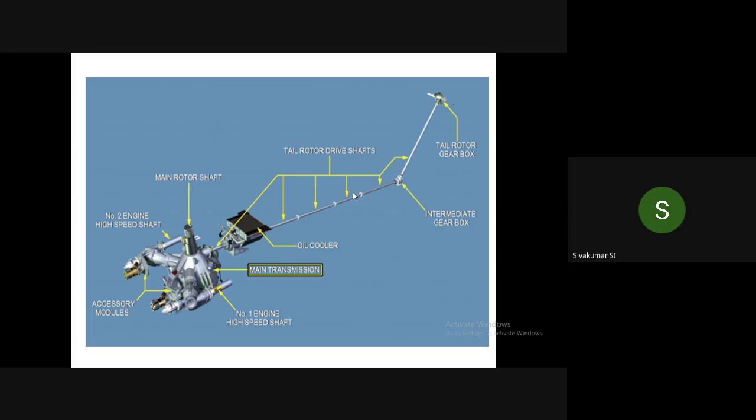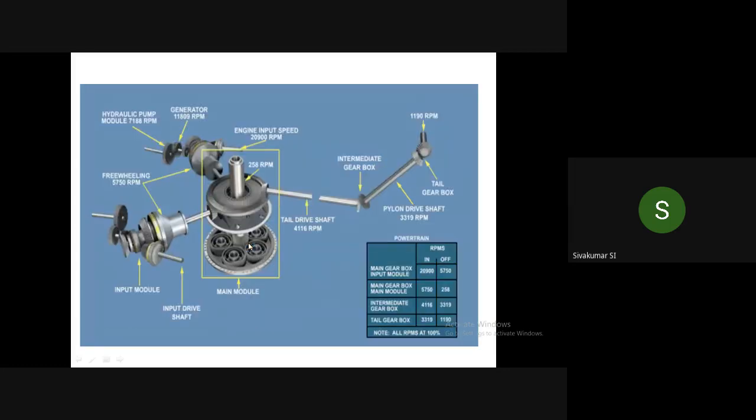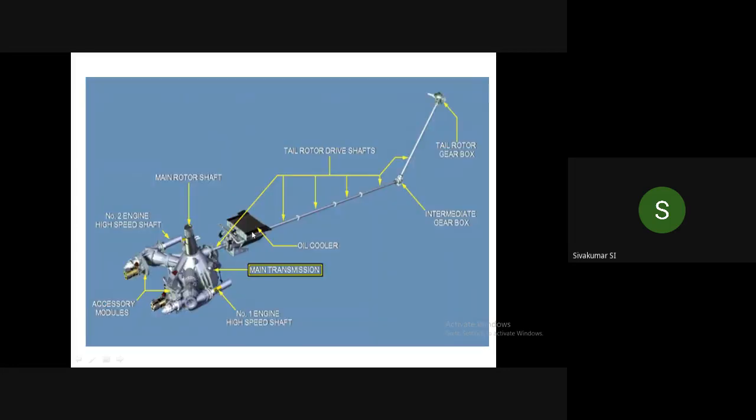When you want to have lubrication, the lubrication system is actually not shown here. One oil cooler is shown. Why is the main oil cooler there? Because gears should be lubricated. For the tail rotor gearbox, there will be a supply line from your oil system to lubricate the intermediate gearbox and the tail gearbox.